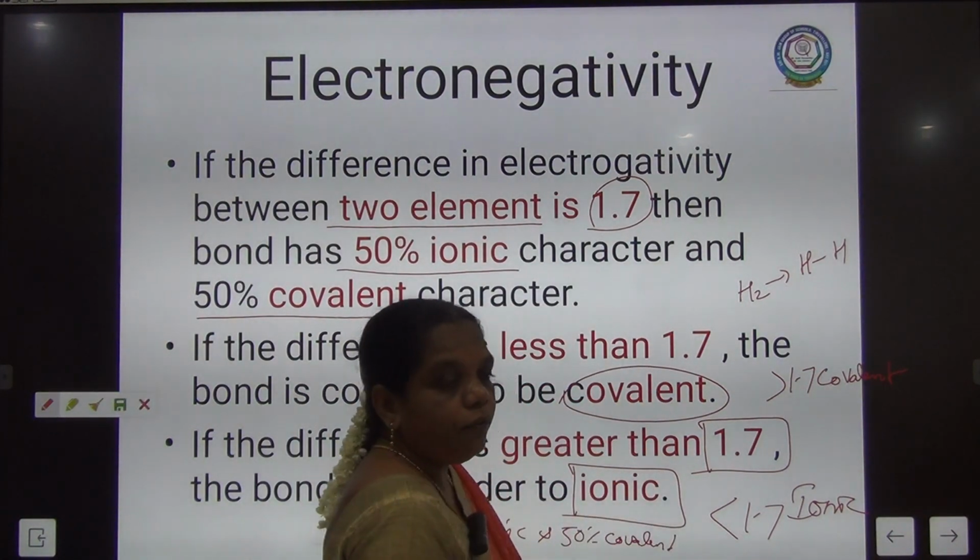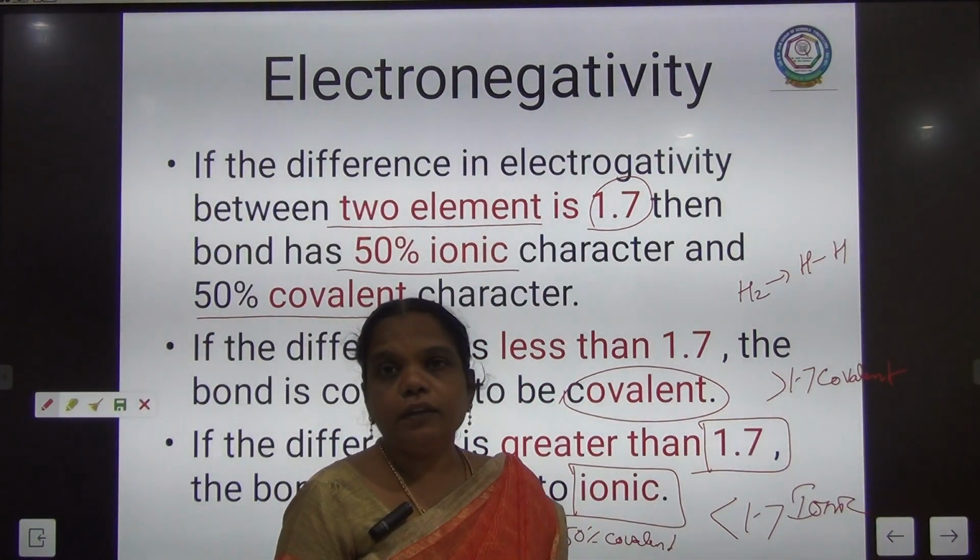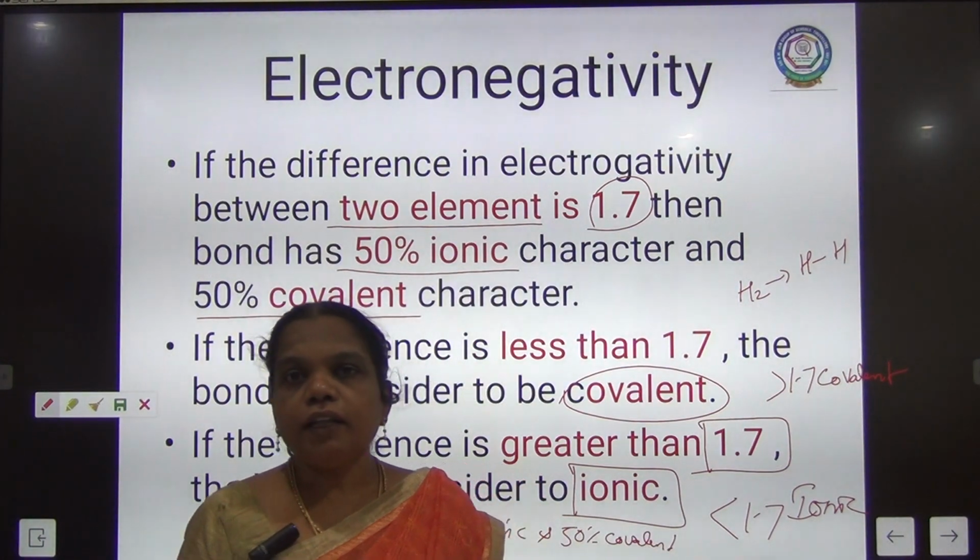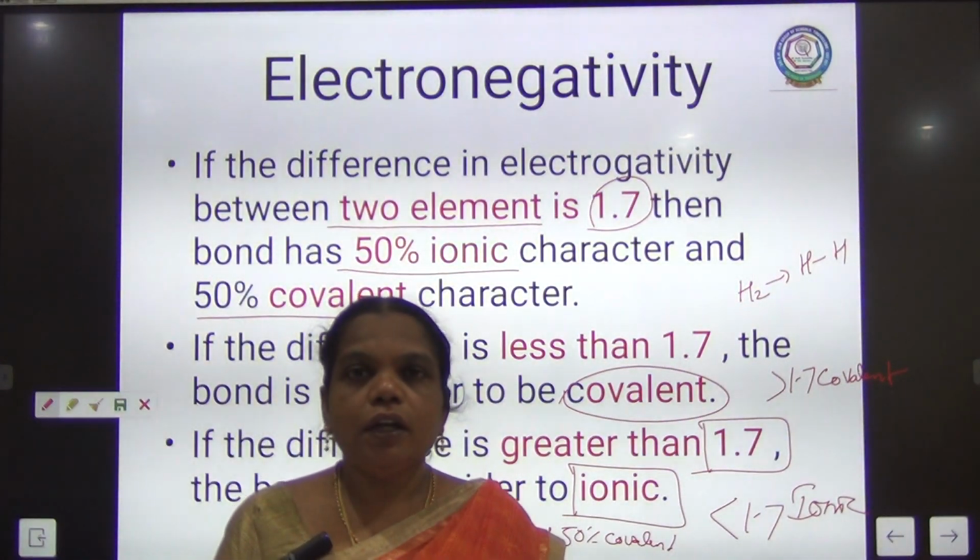Based on the Pauling scale, we can predict the nature of the bond or the molecule.